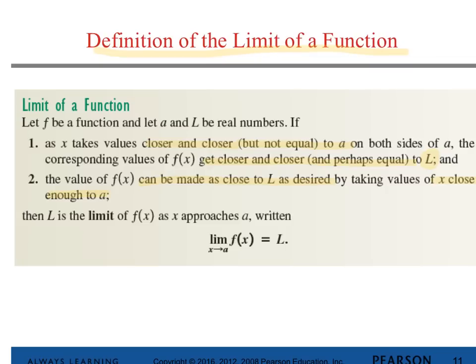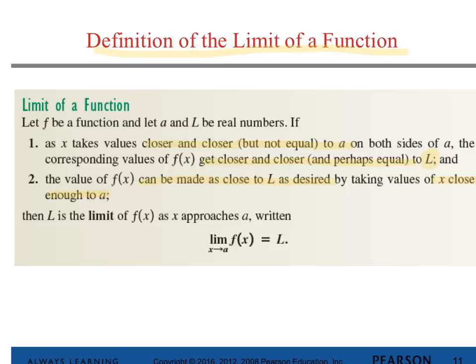For example, if a is 3, then we might go from 2.9 to 2.99 to 2.999 to 2.9999 to 2.99999 and even closer.